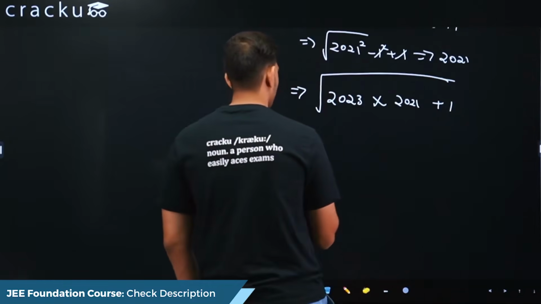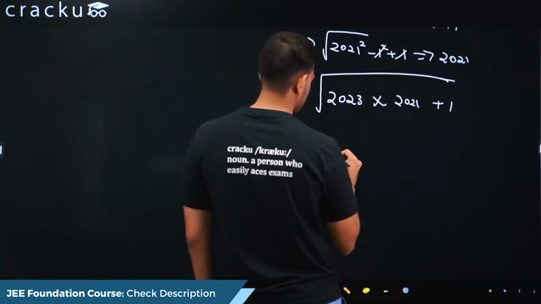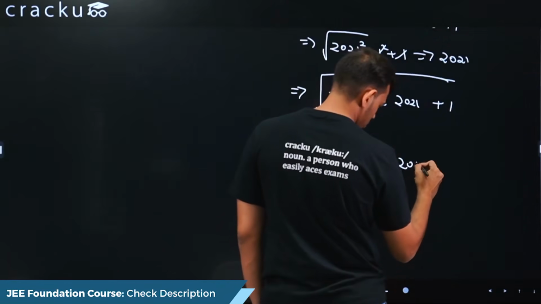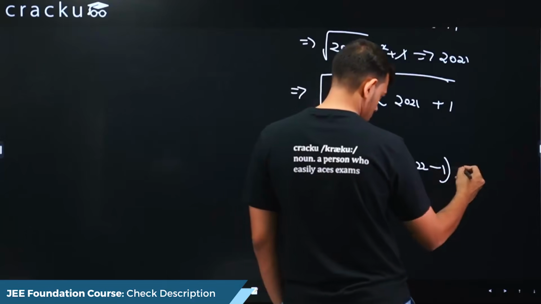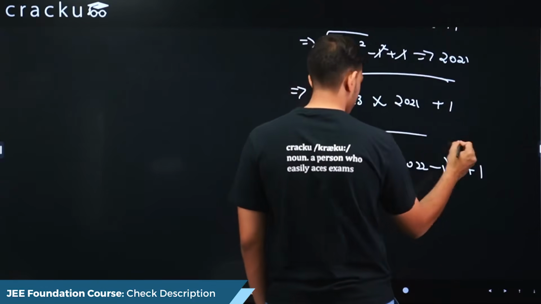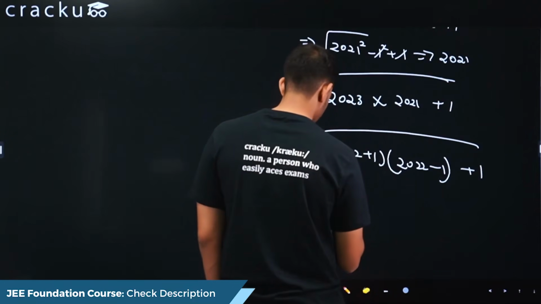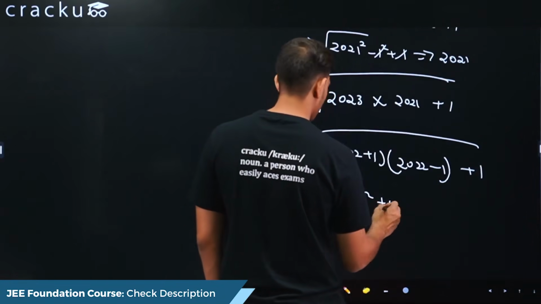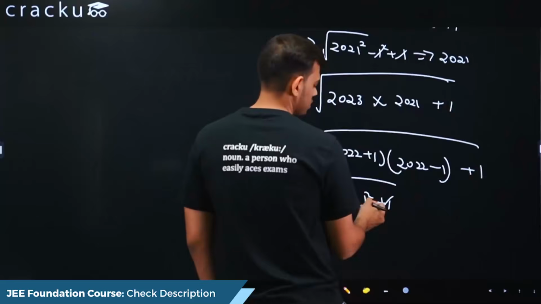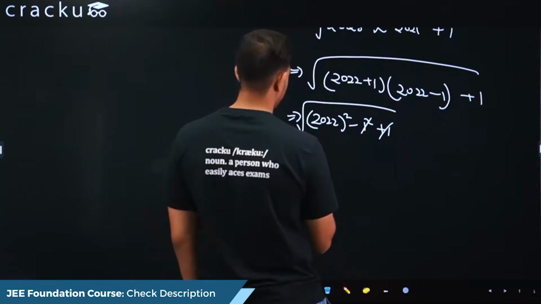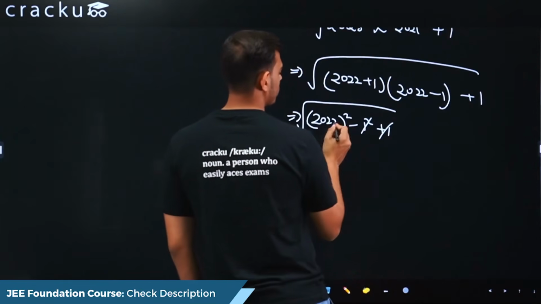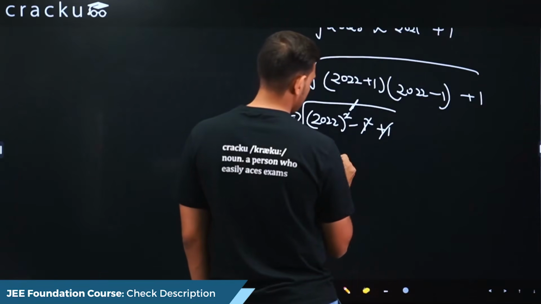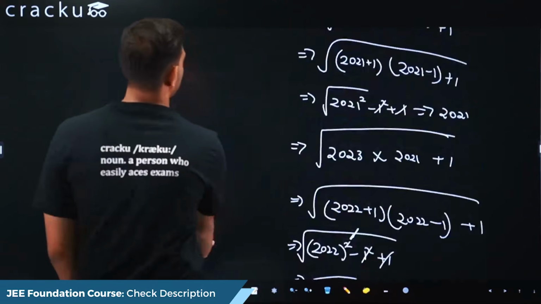Okay, this will give us our final answer. 2022 plus 1, 2022 minus 1, 1 whole under root, which is 2022 whole square minus 1 square plus 1 whole under root. These both will again cancel out and we'll get the final value to be under root of 2022 square. This and this will cancel out. I'll get 2022 as my answer. Okay.